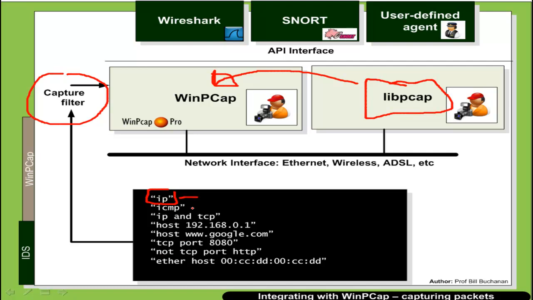So in this case it might be IP or ICMP, or it could be from a specific host or from a specific TCP port. Typical applications which build on WinPCAP include Wireshark, Snort, and also user-defined agents.